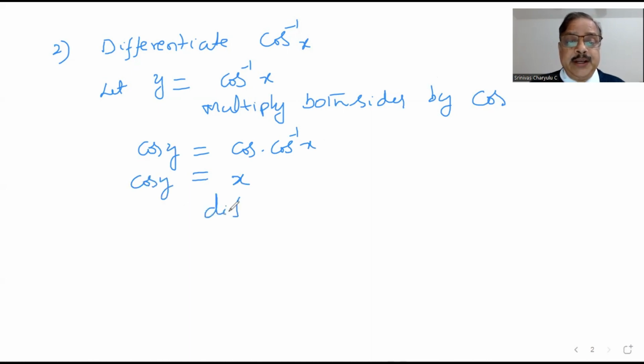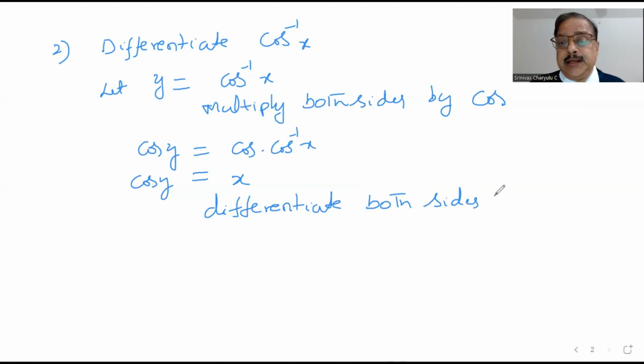Now we will differentiate both sides with respect to x. Then what will happen here? Cos differentiation minus sine y, y differentiation dy by dx, x differentiation is 1.